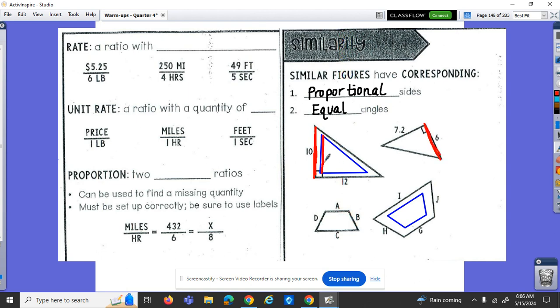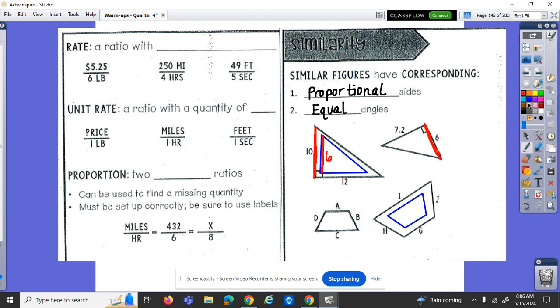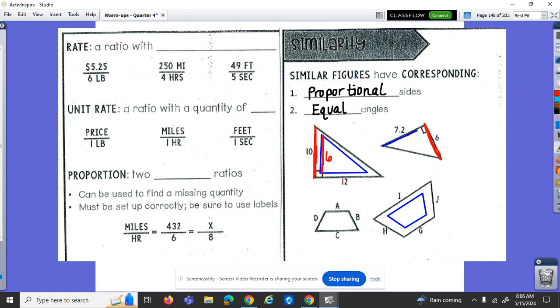So if you want to try to draw this little triangle inside, that could be a good idea. Okay, this side, I'm going to color that in blue. 7.2 matches with this side, okay, which is the 12.